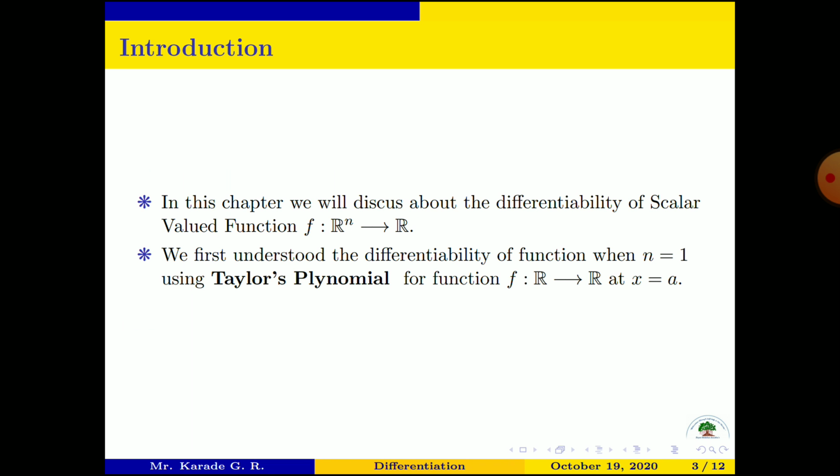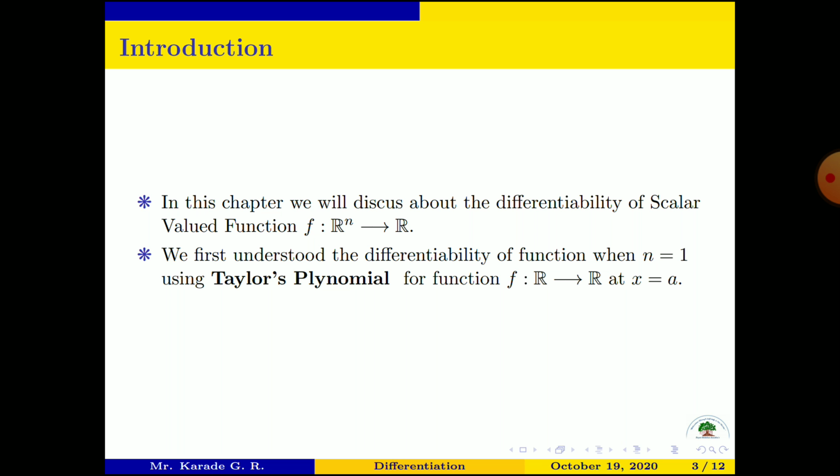Then we first understood the differentiability of a function when n is equal to 1 using Taylor's polynomial for a function f from R to R at x is equal to a.